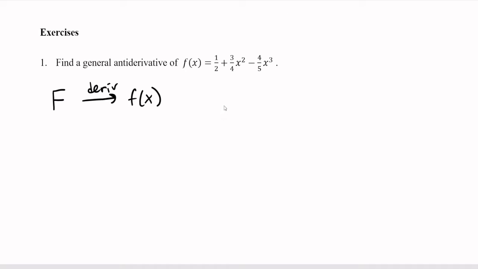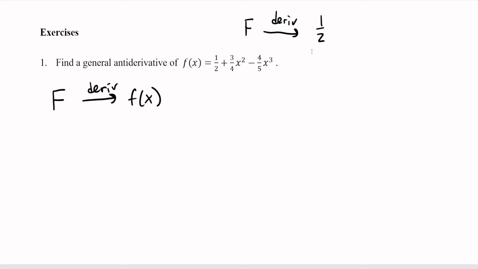Let's start off with just a piece of this, because I think once we do 1 or 2 pieces of this, you'll start to see the pattern. So why don't we start with just 1/2? I want to find a function, f, so we'll just do a piece of this to start. When I take the derivative, I get down to 1/2.